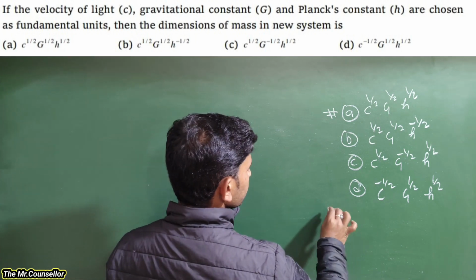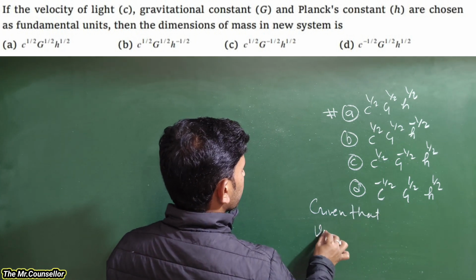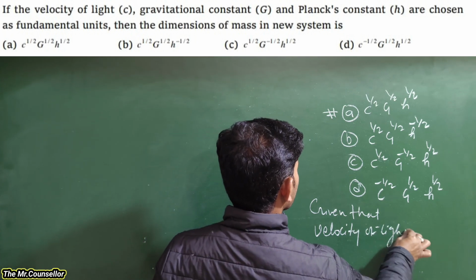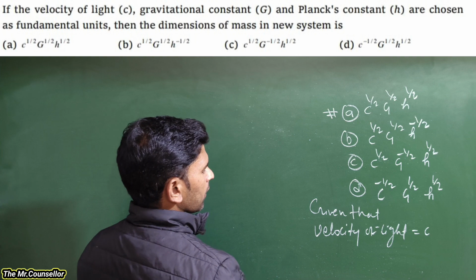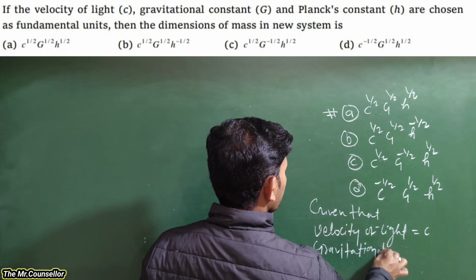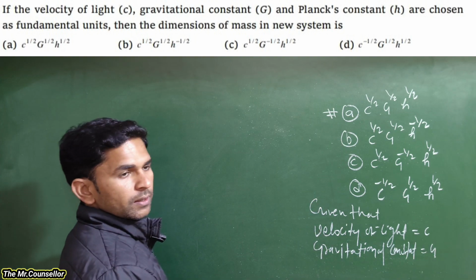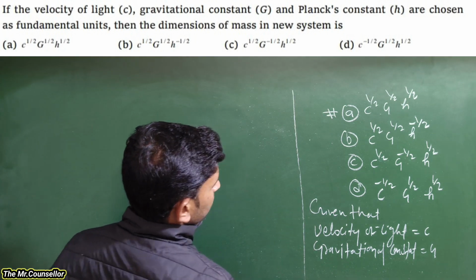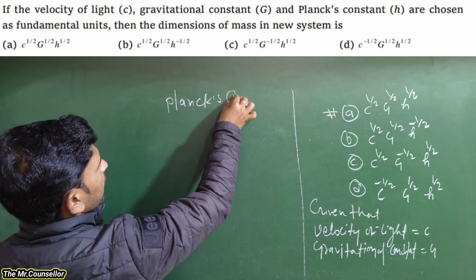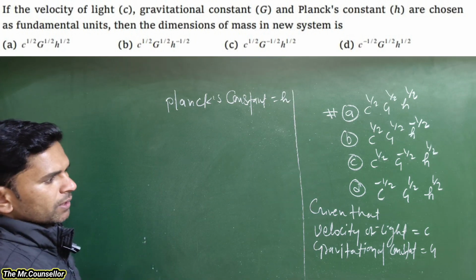These are the options given, and what are they telling? Given the velocity of light c, gravitational constant capital G, and Planck's constant small h.